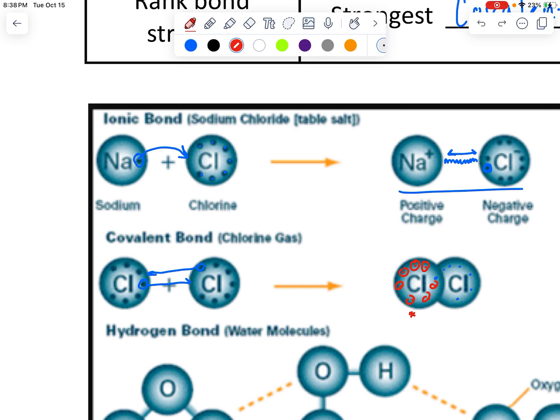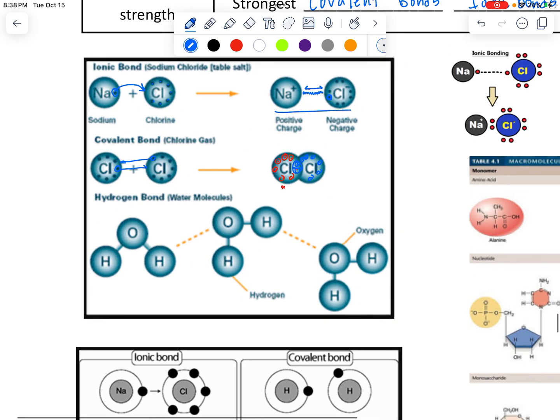So it has 8. And if I count the electrons for the right one, 1, 2, 3, 4, 5, 6, 7, 8, and now they're both happy. And because they're sharing this pair right here, that's the bond. That's a covalent bond right there. Okay, the last image here is hydrogen bonding.